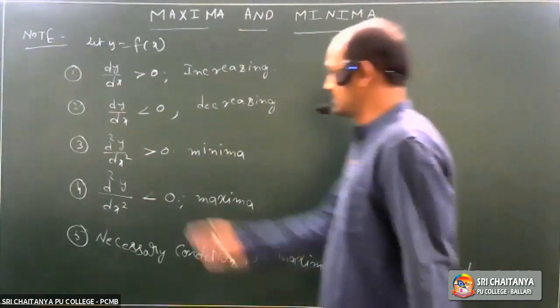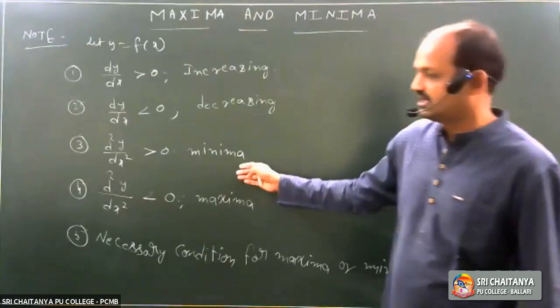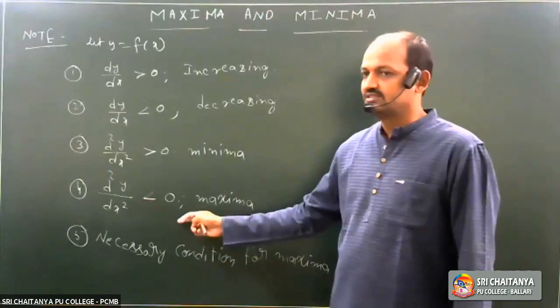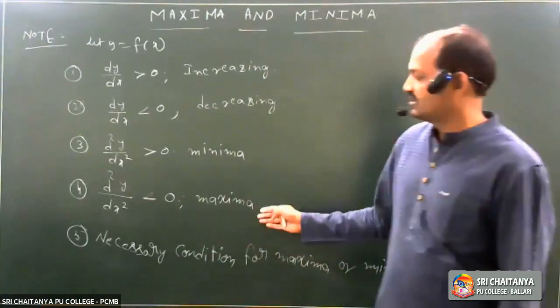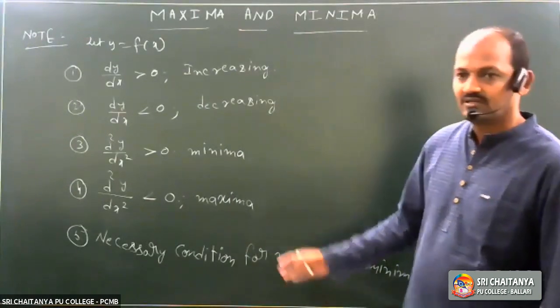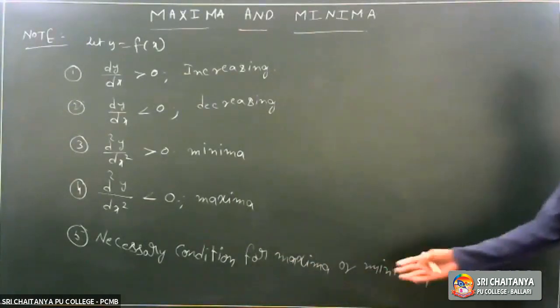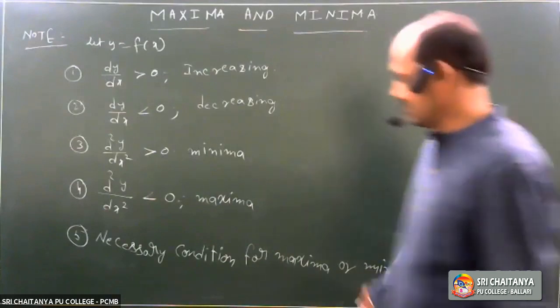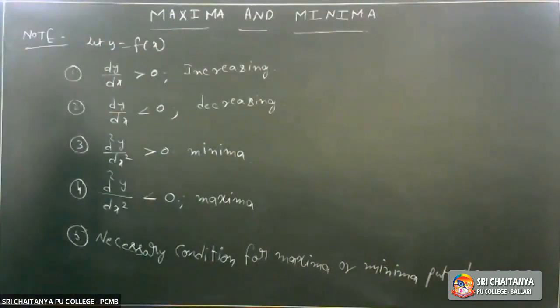If the second derivative is greater than 0, it has a minimum. If the second derivative is less than 0, it has a maximum. The necessary condition for maxima or minima: put dy by dx equal to 0.